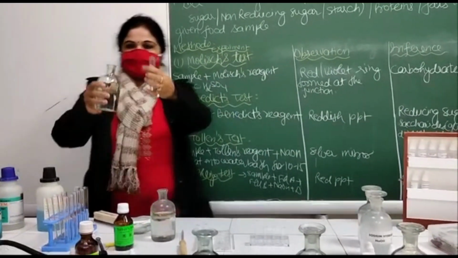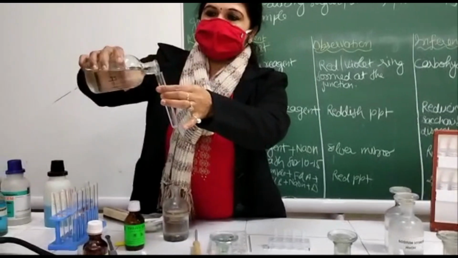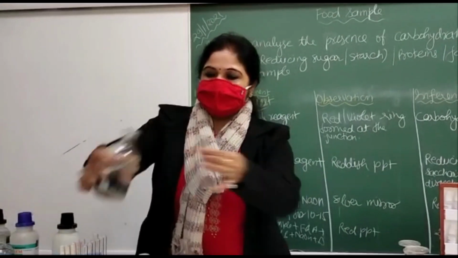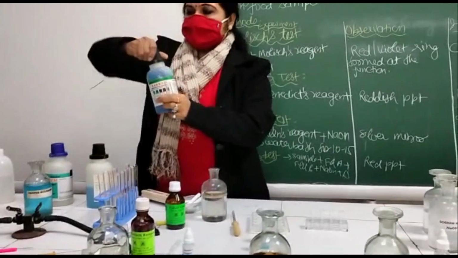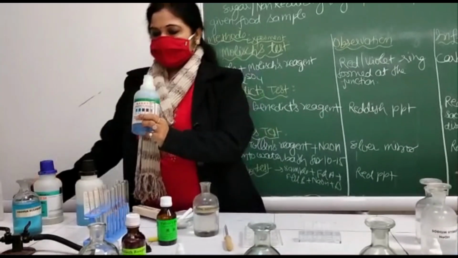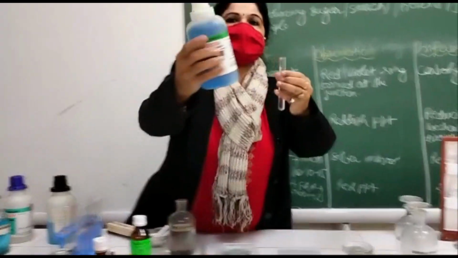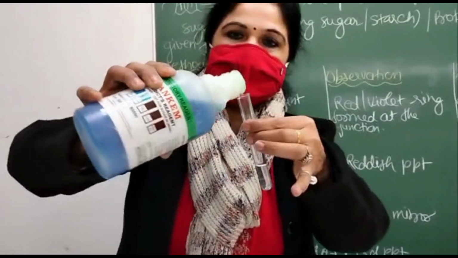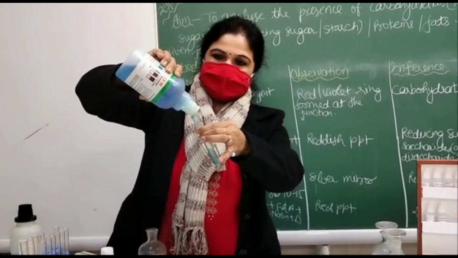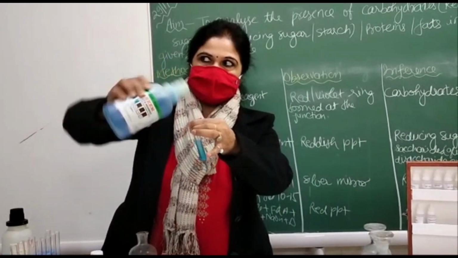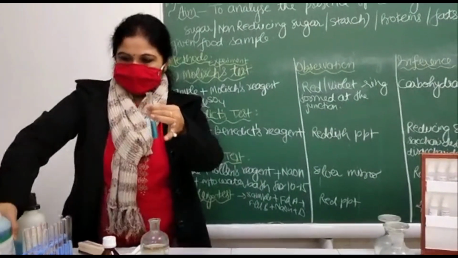Benedict test. So what is the Benedict test? Take the food sample, add Benedict's reagent. This is Benedict's reagent, you can see. It is actually also a copper sulfate solution.